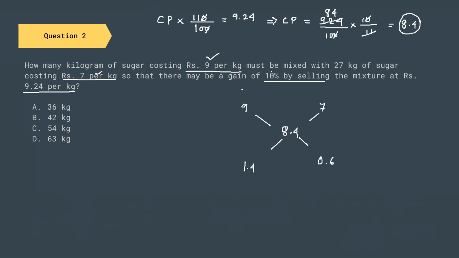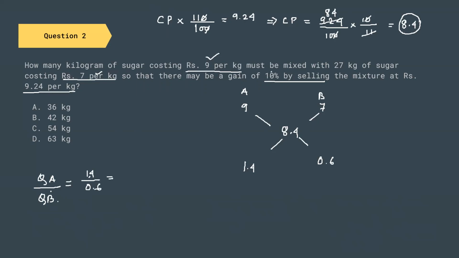If I'm not wrong, this is A and this is B. So the final ratio in which they must be mixed is quantity of A divided by quantity of B will be equal to 1.4 divided by 0.6.